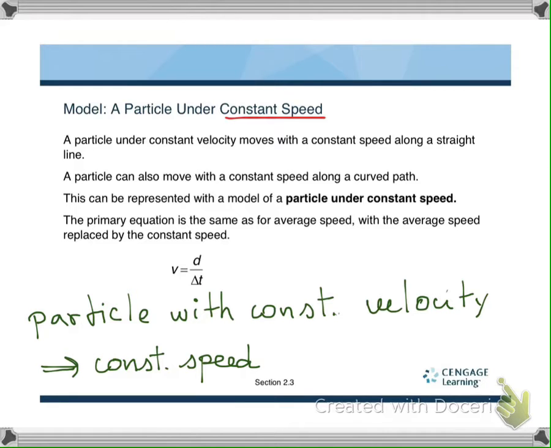We may have the constant speed, but the direction of the velocity changes. Anyway, for a particle moving in one dimension, constant speed means constant velocity. Okay, just for the one-dimensional motion.